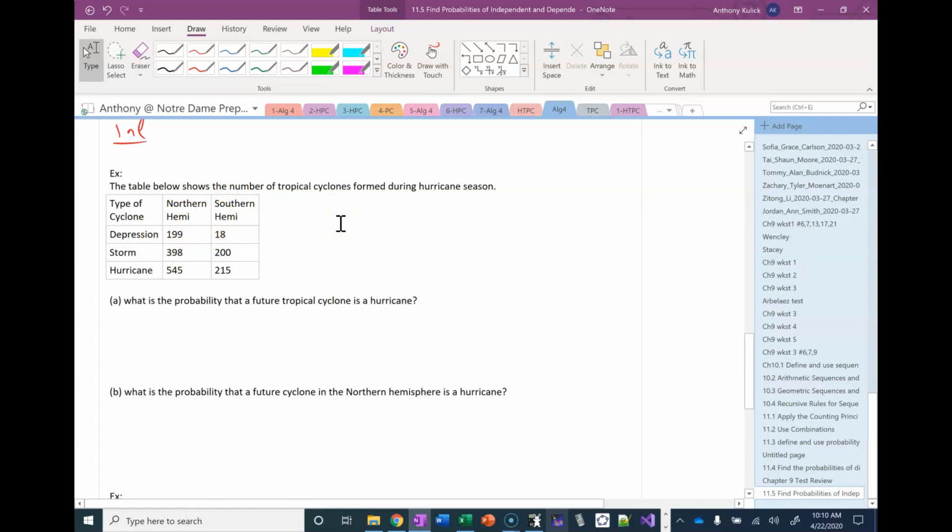So if I look at this right away, I can see that this is a dependent situation where the type of storm or the type of cyclone is dependent on the location, whether you're in the northern or southern hemisphere.